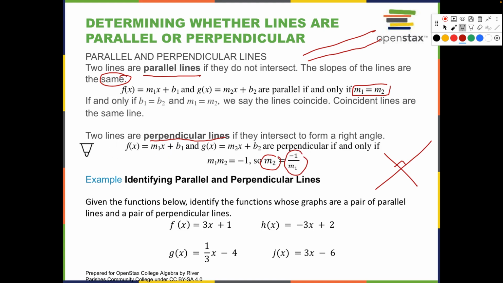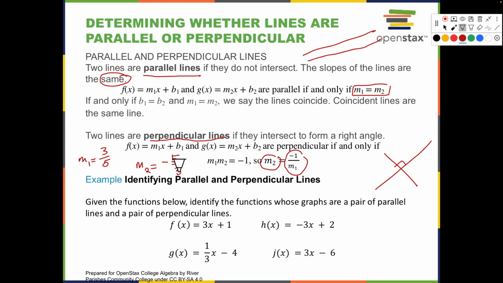So if one has a slope of say 3/5, we'll call that slope 1. What is the slope of the other one? Negative 5/3. So the negative reciprocal. They've got to go in the opposite direction, so that's why one's positive, one's negative, and the rise and run switch places to make it 90 degrees.